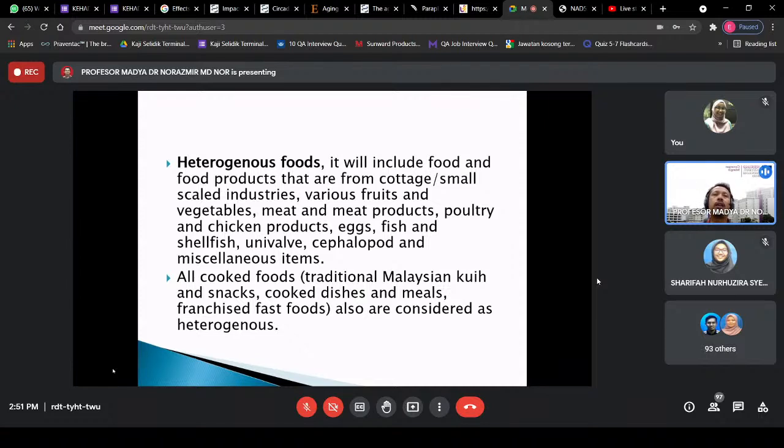such as nasi lemak. Okay, nasi lemak can be considered heterogeneous food because nasi lemak in Selangor will be different from Malacca, from Perak.